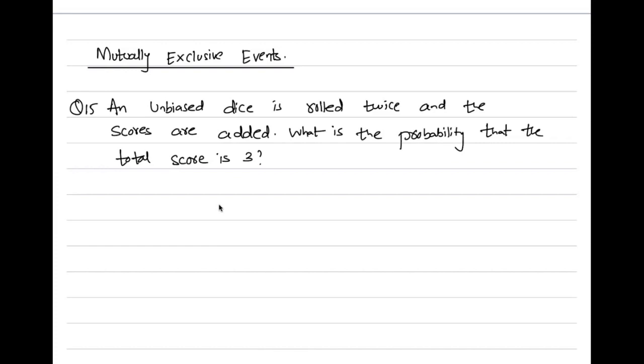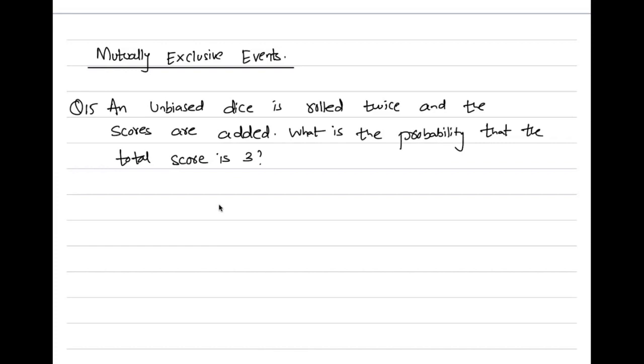So getting a head or a tail, these two events are mutually exclusive. Getting a head is one event, getting a tail is another event. The two events are mutually exclusive because they cannot occur at the same time.